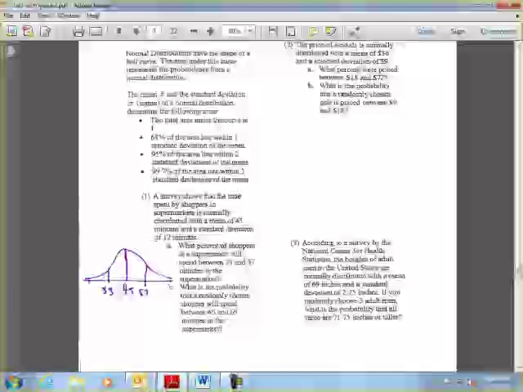Our second standard deviation, count out another 12 minutes, which would give me 21 and 69. And then counting to that third standard deviation, we get 9 minutes and 81 minutes.